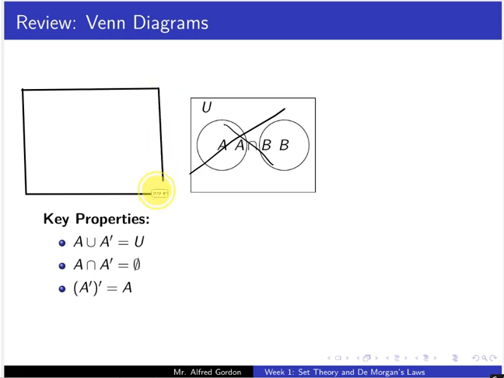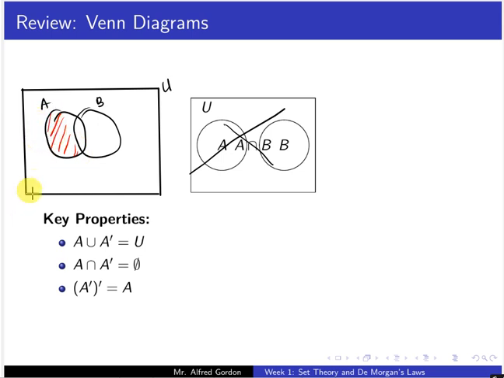Let's have this as a two-set Venn diagram, with set A, set B, and a universal set. The region shaded in red represents the region that is only in A, that is, in A but not in B. That is A only.